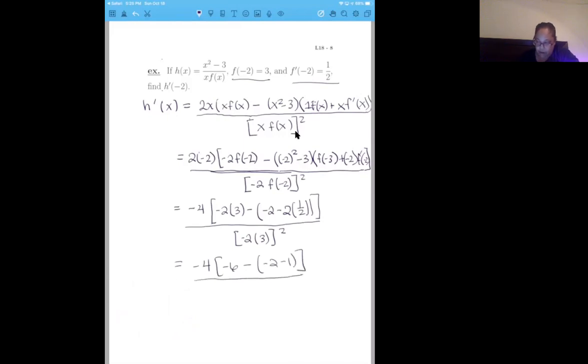And what do I have here in the denominator? -2 times 3, which is -6, but that is squared. So we're getting closer. I have a -4, -6 minus -3. So that's a +3, all over 36.